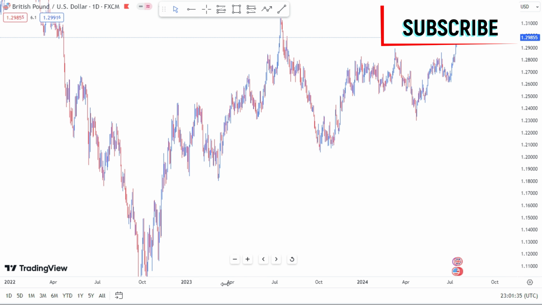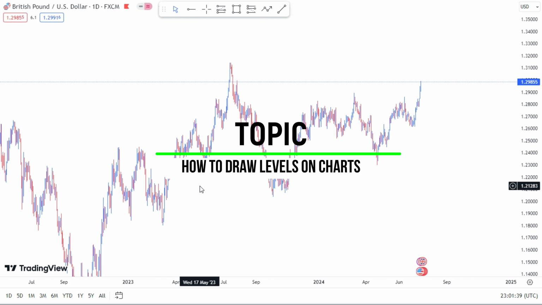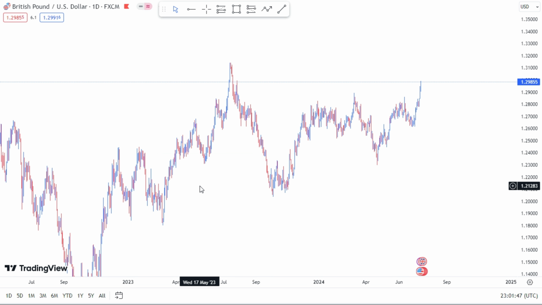So first thing when it comes to trading, my first take is to have three pairs that you're willing to master. If you're willing to master USDT, NAS100, gold, you're welcome to do that.